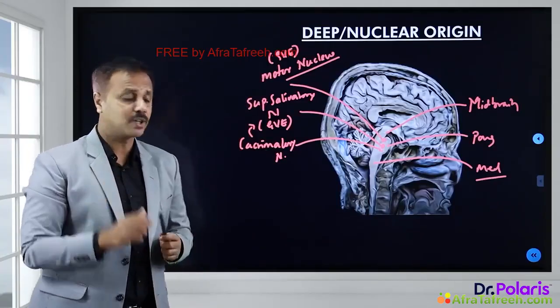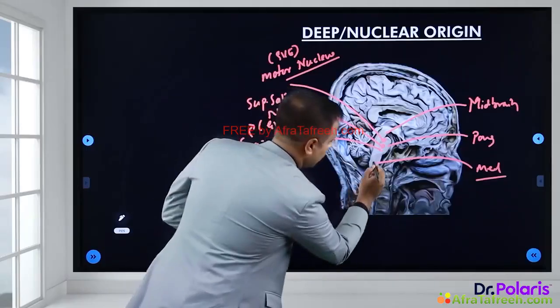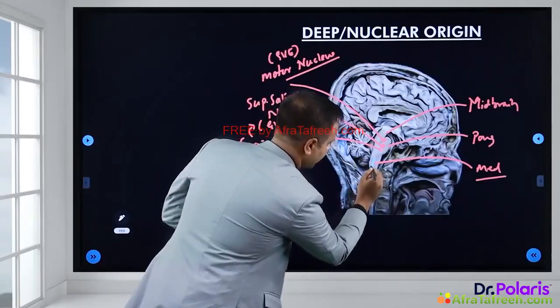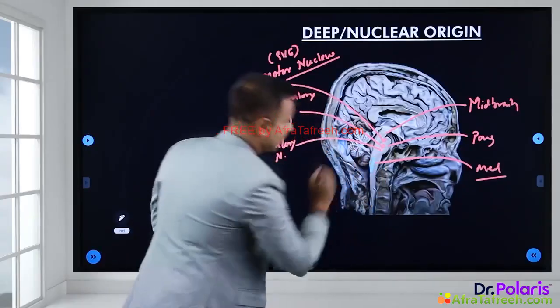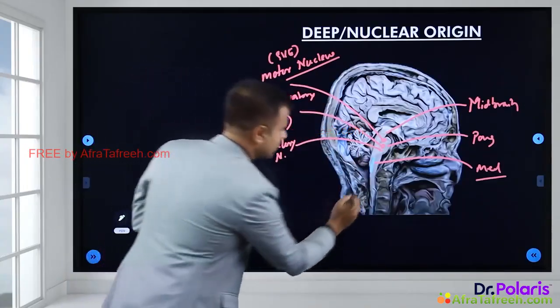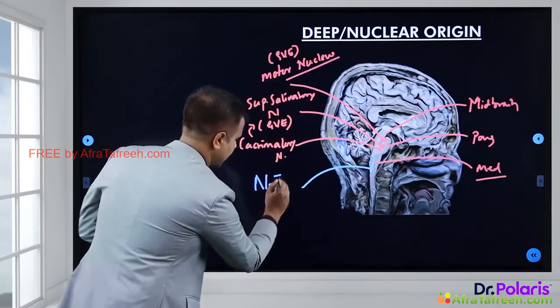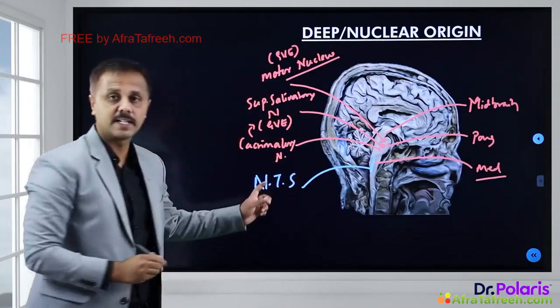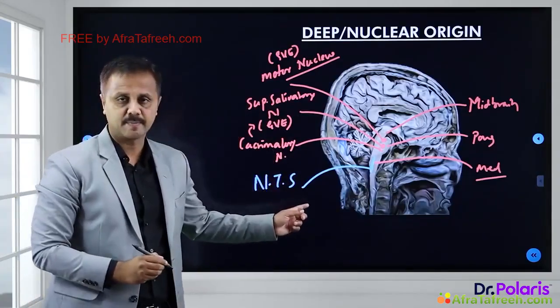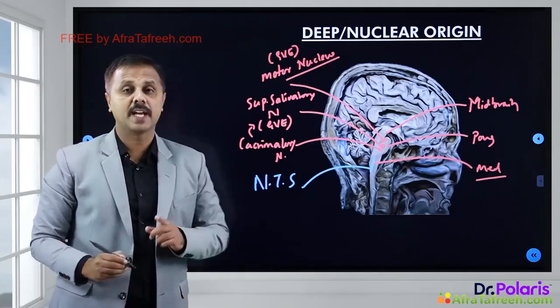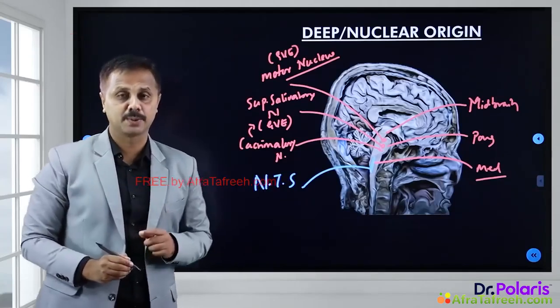This is regarding the nuclei that represent efferent column. Similarly, the afferent column nuclei are in the medulla oblongata. We have one important nucleus in the medulla oblongata, referred to as NTS, nucleus tractus solitarius. This is concerned with carrying taste sensation from anterior two-thirds of the tongue.